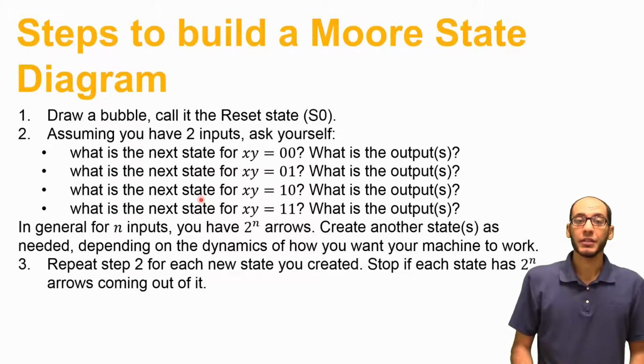How do you know that you're done? Finish the state diagram by making sure that every state has 4 arrows coming out of it, and this is an indication that you have finished your state diagram.